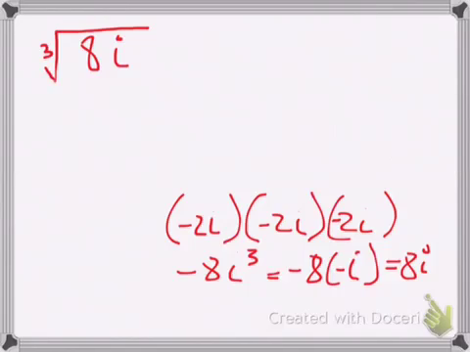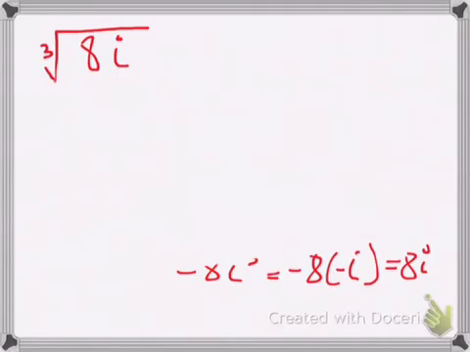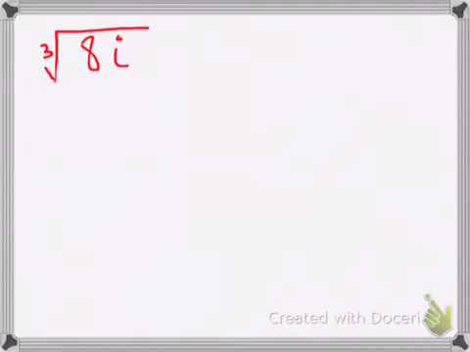I don't know if negative 2i is the principal cube root or if it's just one of the other ones. We'll see. How would we apply De Moivre's theorem to this? It's equal to 8i to the what power? Cube root is the same as the 1/3 power, right?